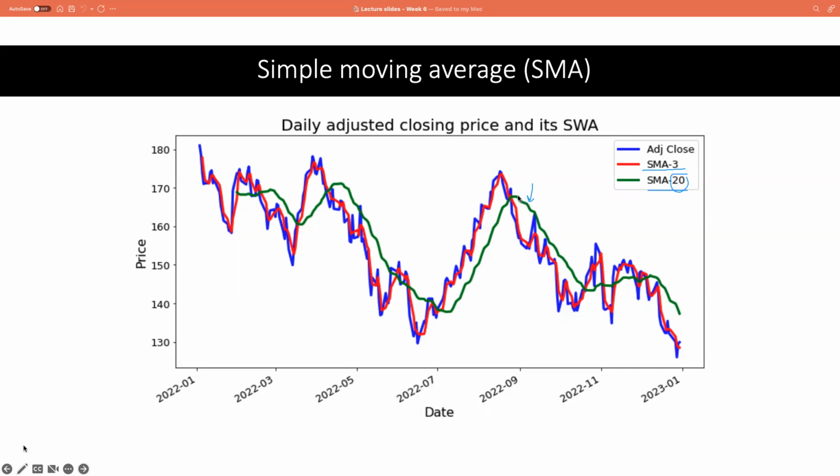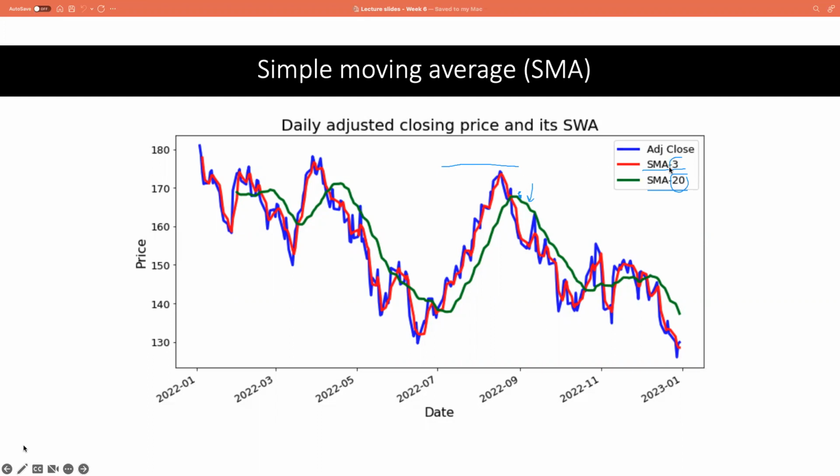This is really because each point here requires the past 20 price points, and then we take the average. So this is a much more obvious smoothing effect.